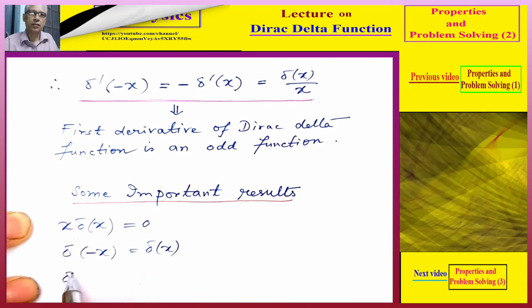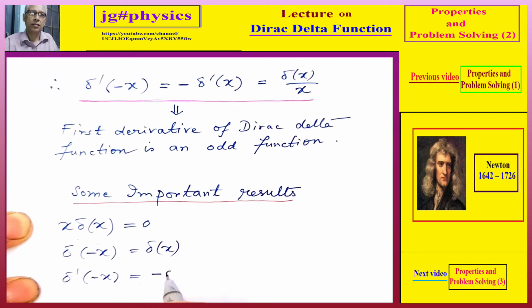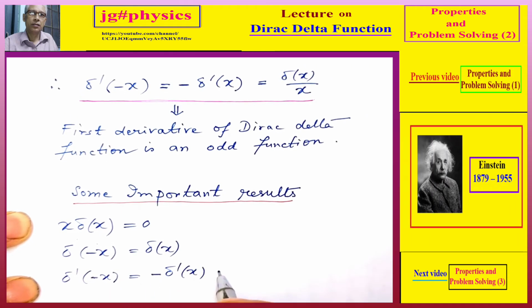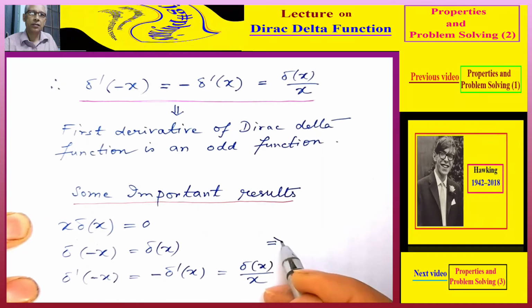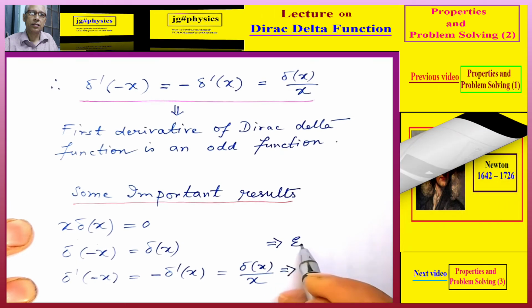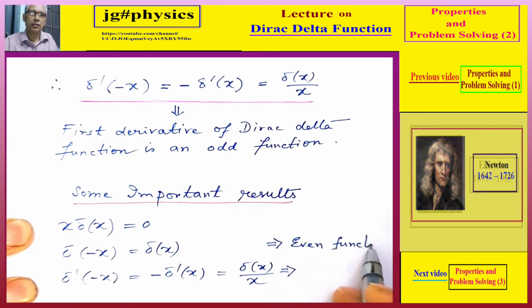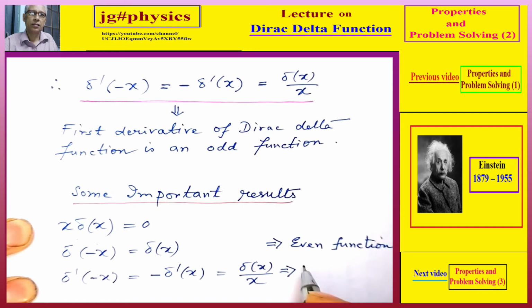Delta prime of minus x is equal to minus of delta prime of x, and that value is delta of x by x. Now since delta of minus x is equal to delta of x, Dirac delta function is an even function, but the first derivative is an odd function.